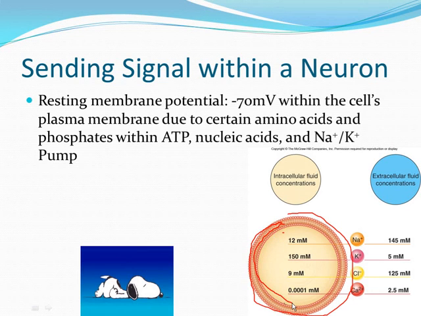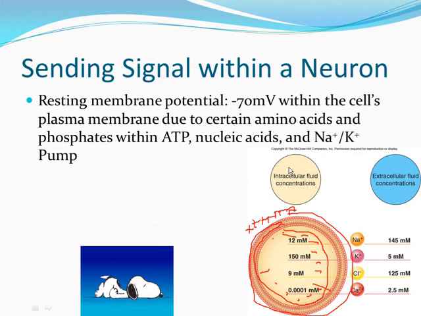So this is clearly not a neuron, but just a typical cell that we have in our bodies. And typically, they tend to have a slightly negative charge on the inside of the plasma membrane. So it's slightly negative on the inside, slightly positive on the outside. Okay, so that causes this potential energy so that we can end up converting that into kinetic energy.